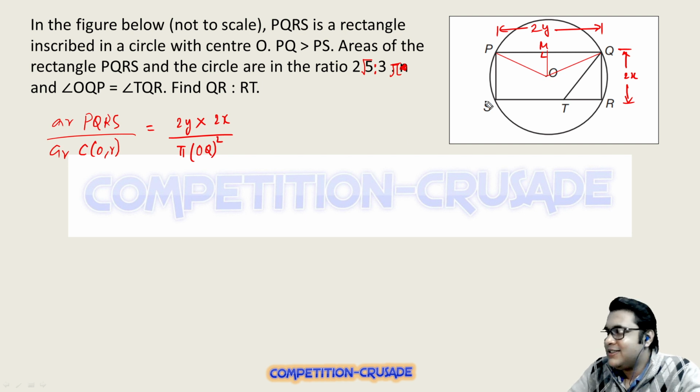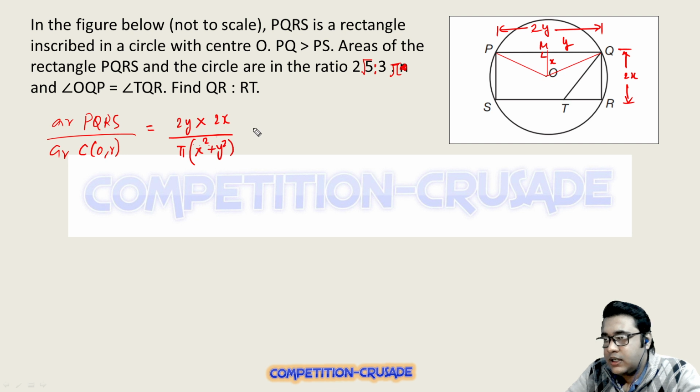Don't worry. So, of course, this is going to be y. And what about this length OM? This length OM is going to be equal to x. So now I can just write, instead of OQ, because this is a right angle triangle, I hope you haven't forgotten that, this is equal to x square plus y square.